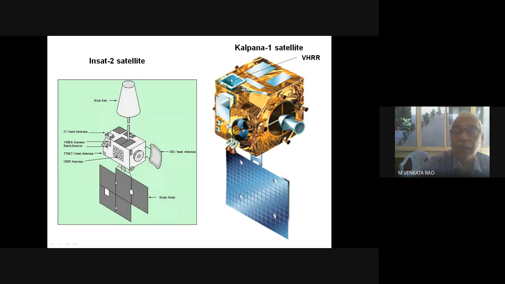Here only one solar array is put on this side, and because it is a smaller satellite without any further antennas or other payloads, we could do that balancing with a single solar array. Power requirement also was met. So this is the configuration of the Kalpana 1 VHRR payload.